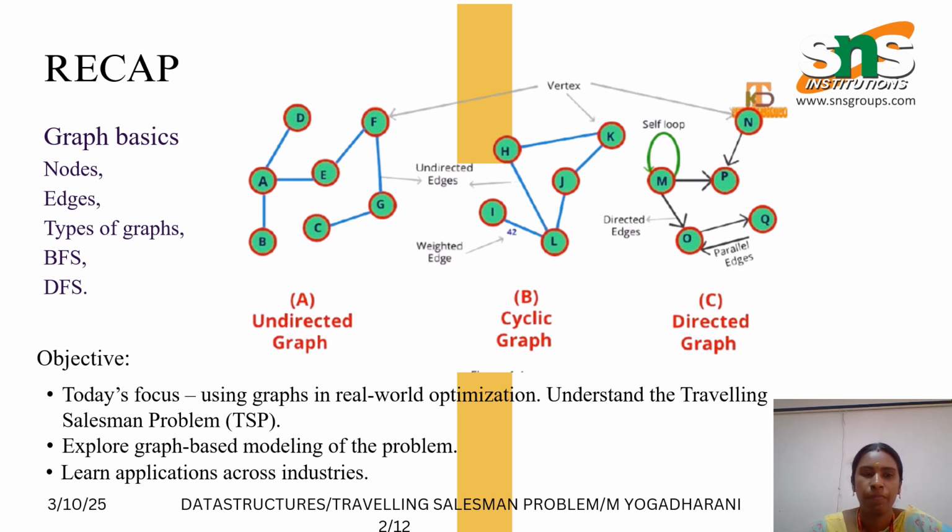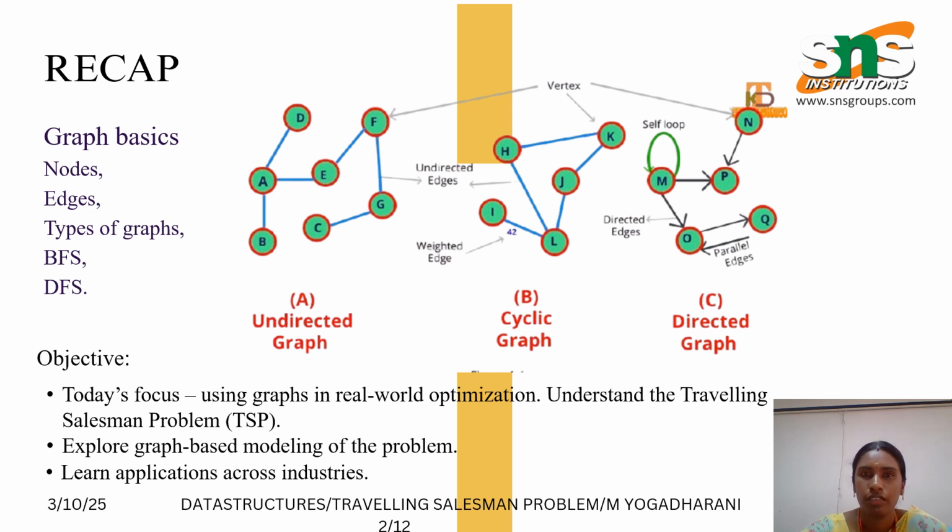A graph must contain edges and a number of nodes, and two nodes are connected by an edge. The types of graphs are weighted graph, unweighted graph, directed graph, and undirected graph. BFS stands for breadth first search, and its principle is based on a queue.